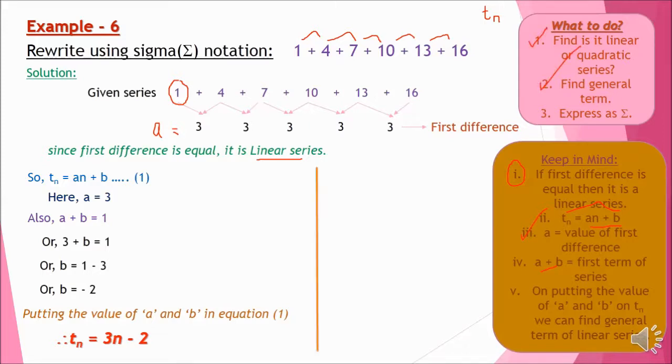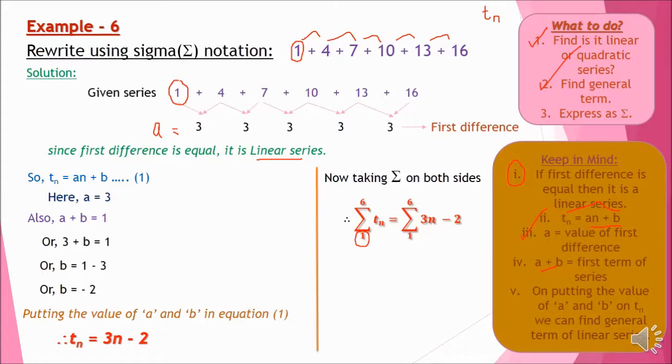Now express as summation. Now taking summation on both sides. Now I will explain this 1 to 6. Summation from 1 to 6 of Tn is the summation of 3n minus 2. So it always starts from 1, not because the first term is 1. Don't get confused.